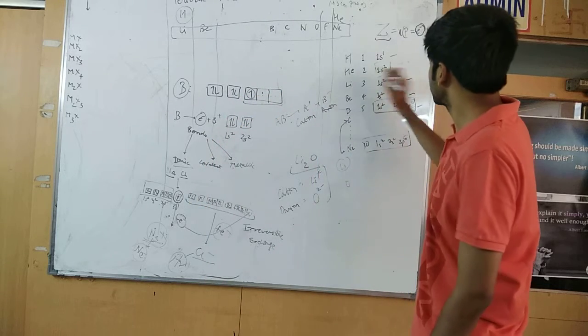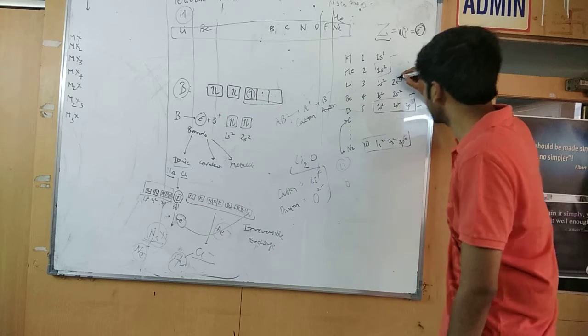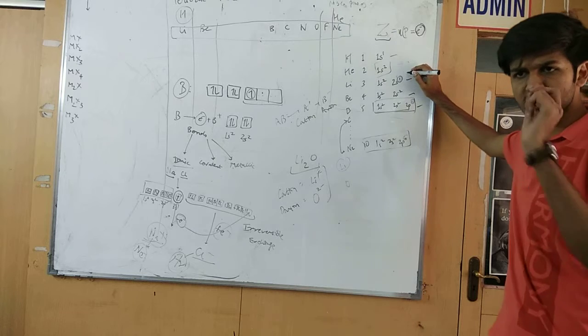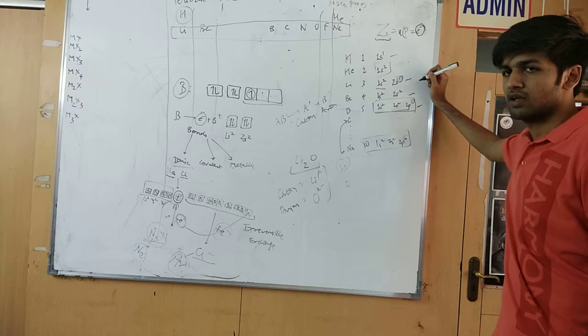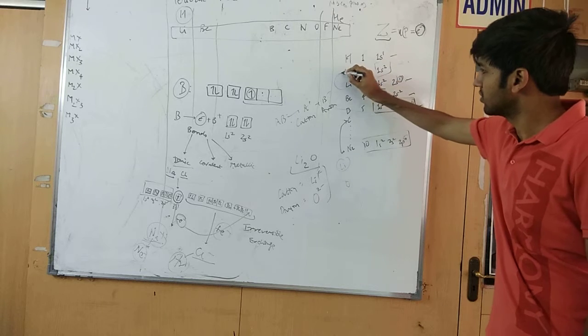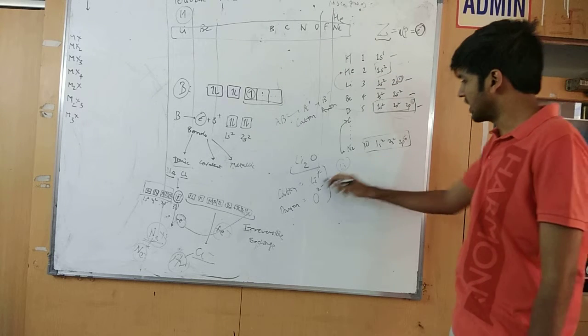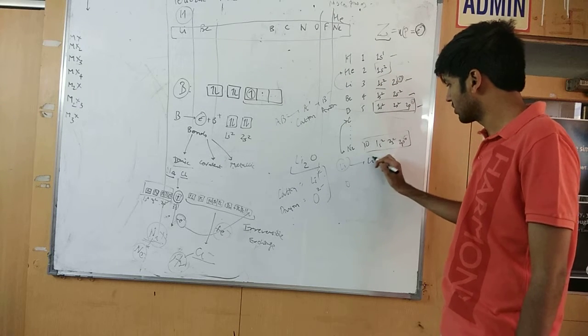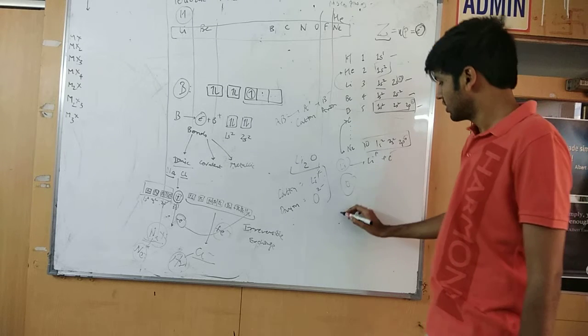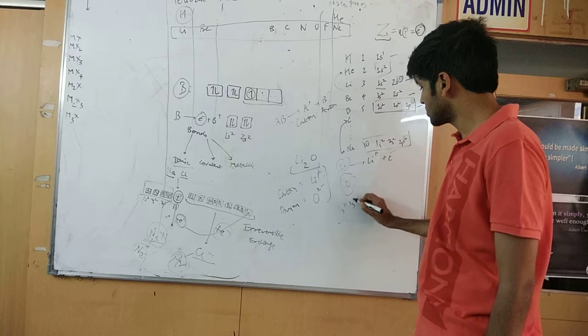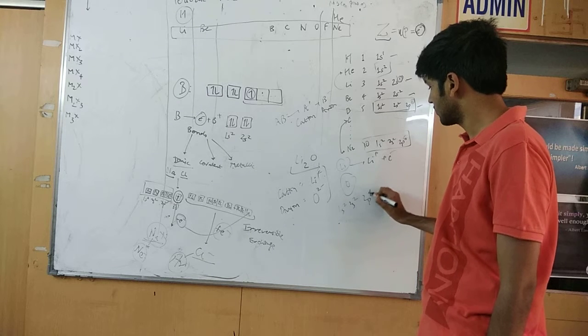Li we have already done, it's 2s1. I have only one electron. You just need to lose one electron to gain the stable state, which is that of helium. So Li can only donate one electron. But in oxygen's case, it's 1s2, 2s2, 2p4.